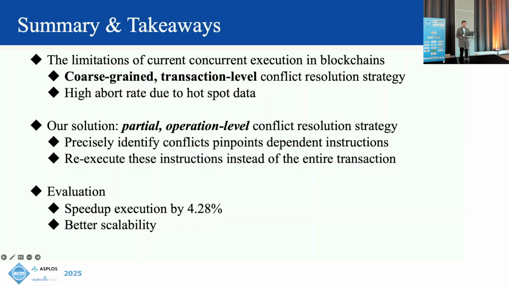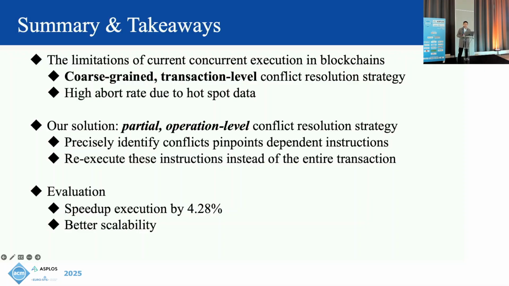To summarize, in this work, we first observe that current concurrency control methods in blockchains are coarse-grained and inefficient. Most systems operate at the transaction level and suffer from high abort rates due to hotspot data. Then we propose parallel EVM, a novel scheme that resolves conflicts at the operation level.